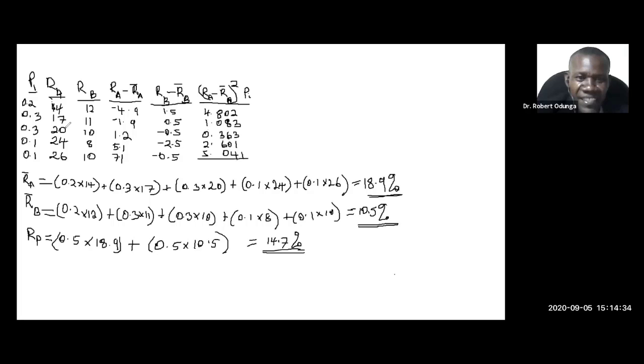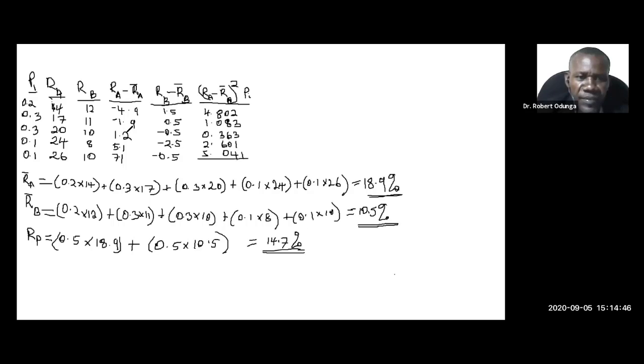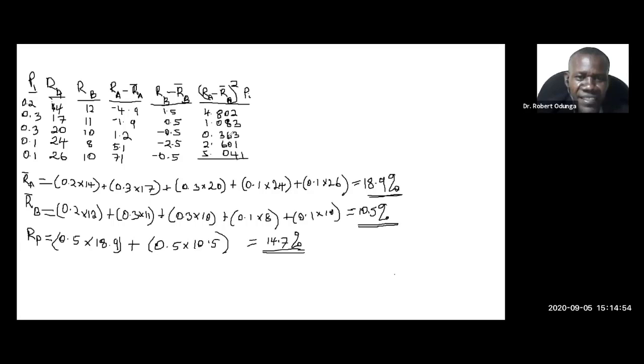The next one, 1.1. What is the answer for the next one? 1.1 square. 0.363.